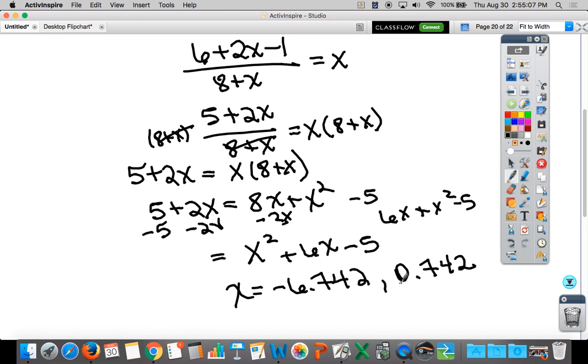I have to go back and read it. Follow suit with that. Always give me 3. You can give me more. But if I say 3 in those specific instructions, it better be 3. But if I don't specify within those instructions, that's fine. Never give me less. Okay? So negative 6.74 and 0.742 would have been fine.